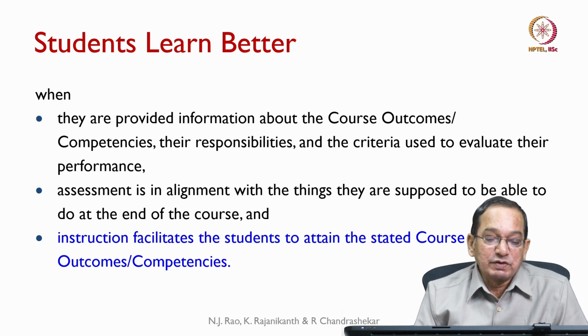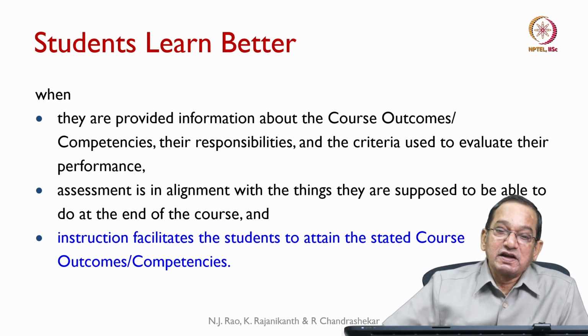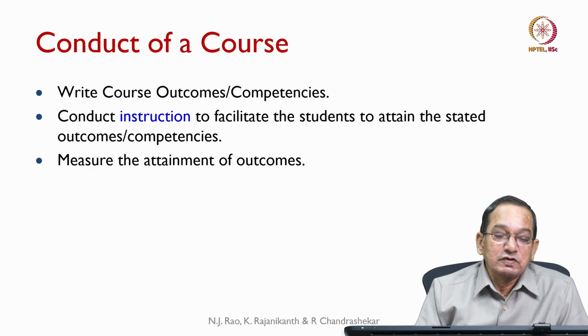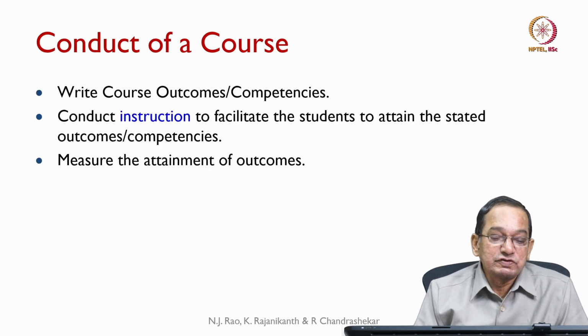The course outcomes must be stated beforehand. Assessment must be in alignment with the course outcomes, and instruction must facilitate the students to attain the stated course outcomes. So, how do we conduct a course?